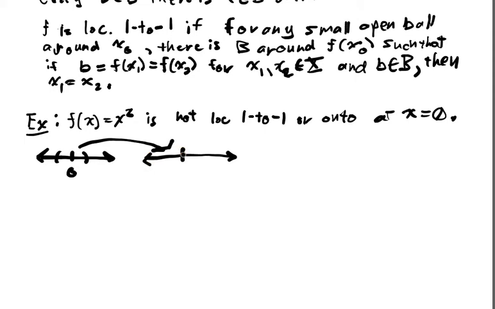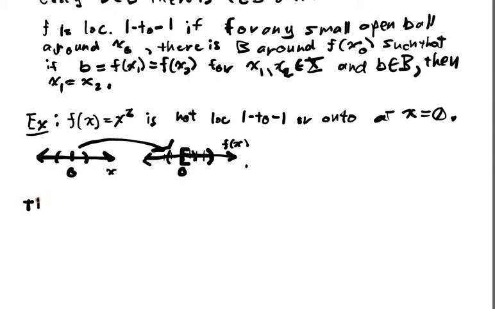Well, 0 is going to go to 0, but I'm going to have two points going to each of these points in a small interval around here, and I don't have anything mapping to this point. So it's definitely not one-to-one, and it's most certainly not onto in any small region around 0. So this is really bad at that point.